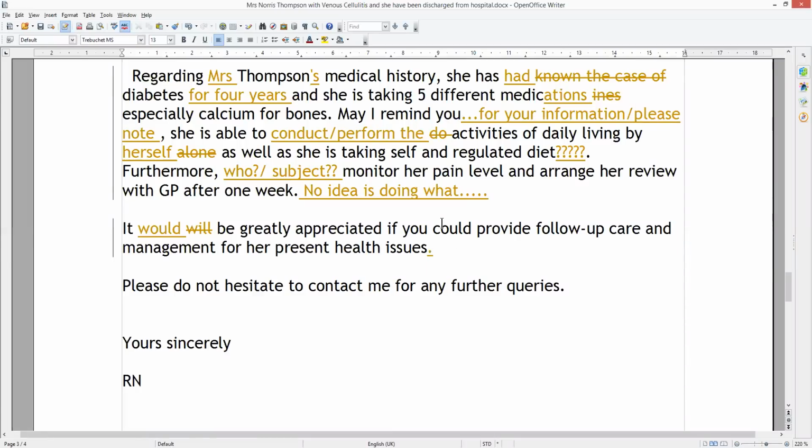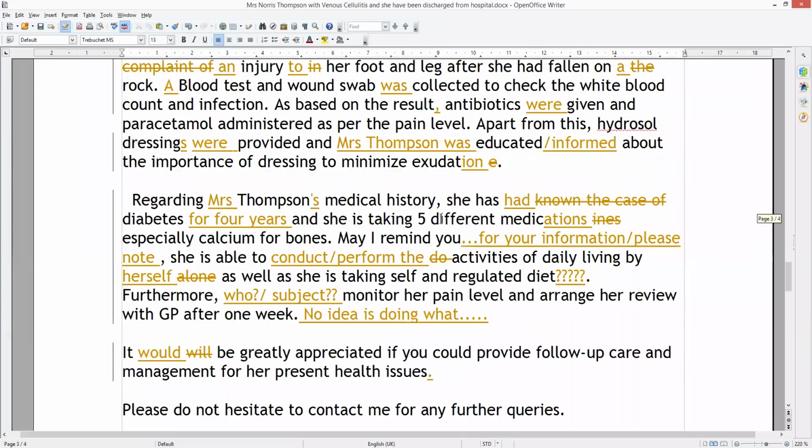It depends on the age. Usually if they're adults, you call them Mr., Mrs., Miss, or Ms., and then you use your pronouns afterwards. So, for example, Mrs. Thompson's medical history, she, her.